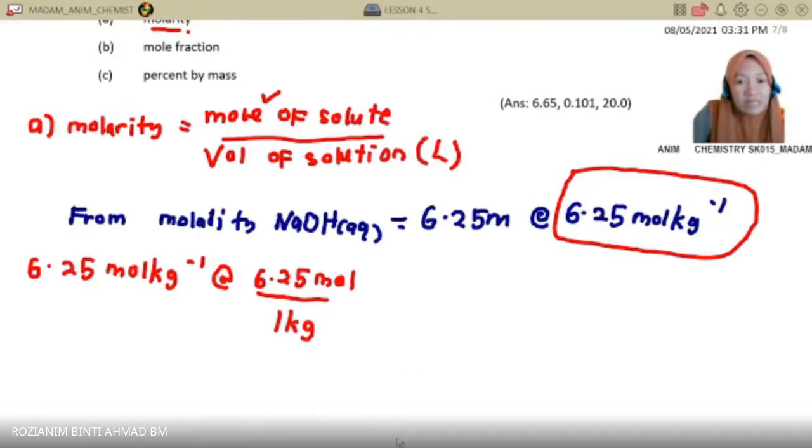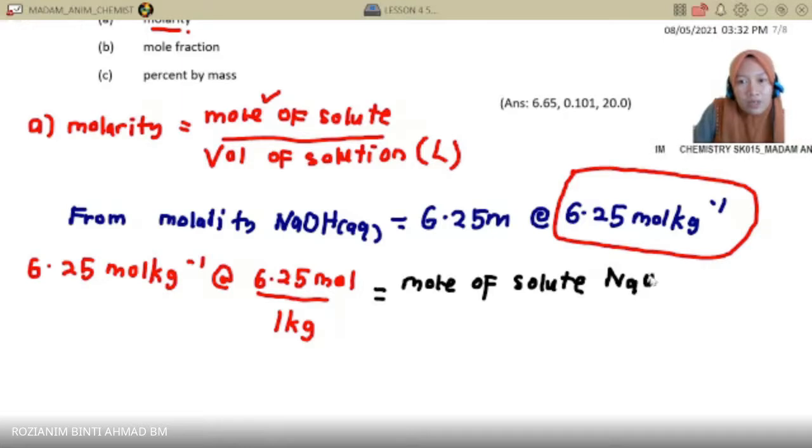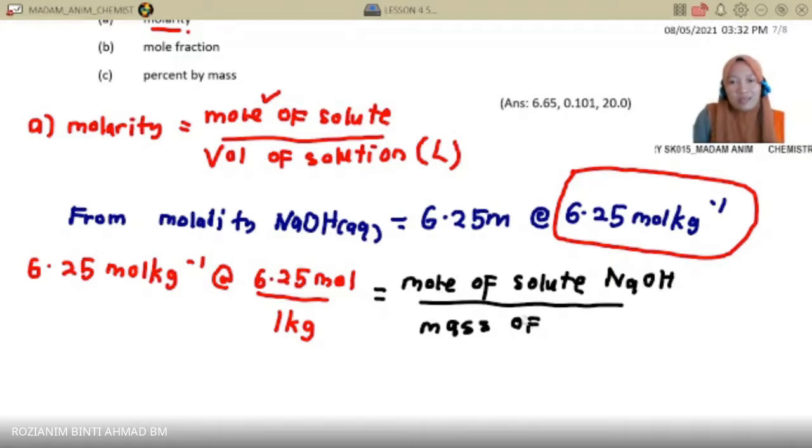Okay, so this value equivalent to the formula of molality, mole of solute. Solute kita siapa tadi? The main component kita adalah sodium hydroxide. Okay, so over mass of what? Solvent or solution?